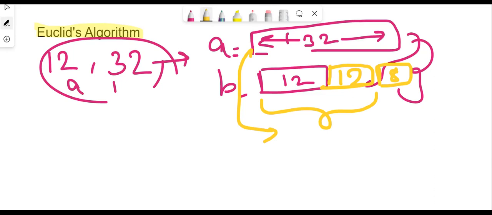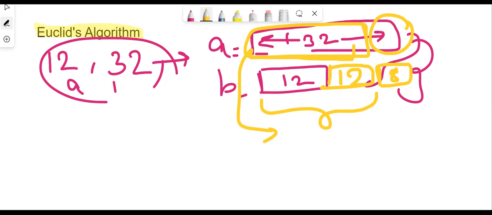So if we find any factor for 12, then it is going to be the factor for this part of the 32 as well. But we are not sure about this part. This part of the A.